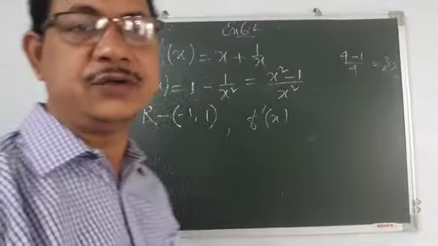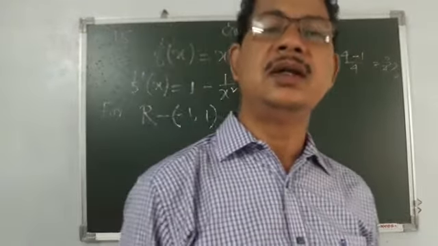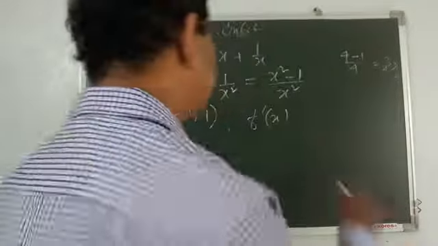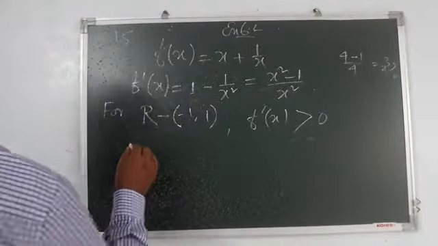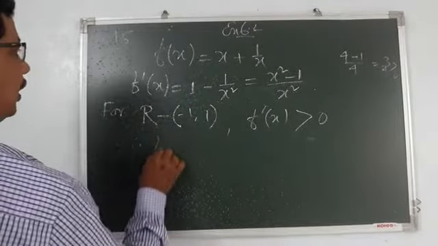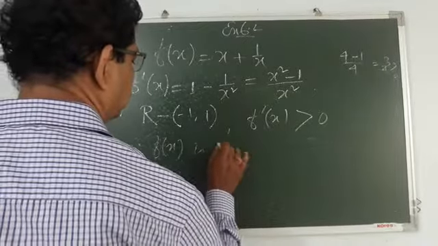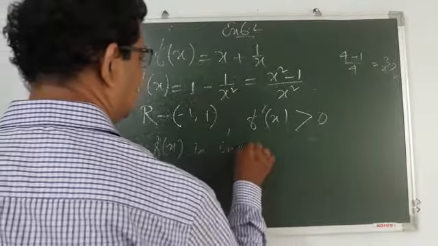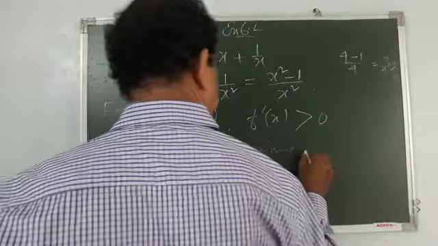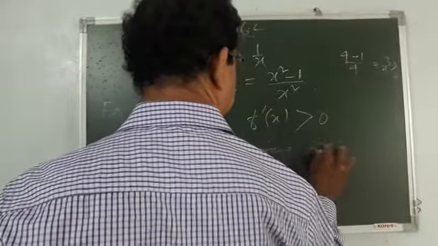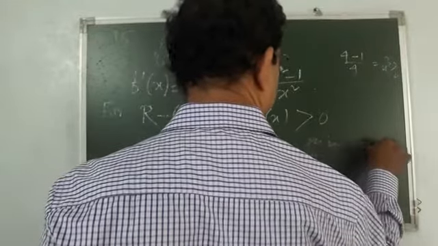What it indicates? That for every real number other than -1 to 1, we get a positive value. So as we get positive, from the theorem we can say, therefore f(x) is increasing in the given interval.